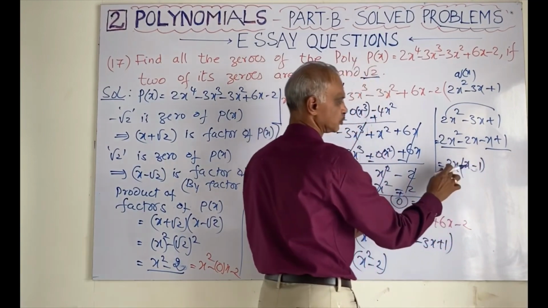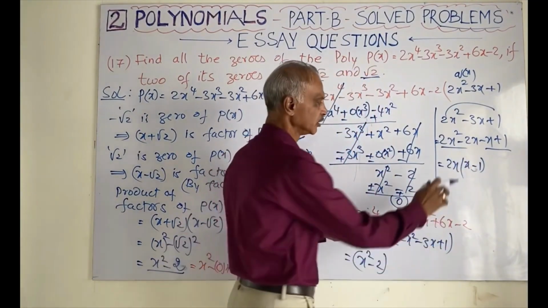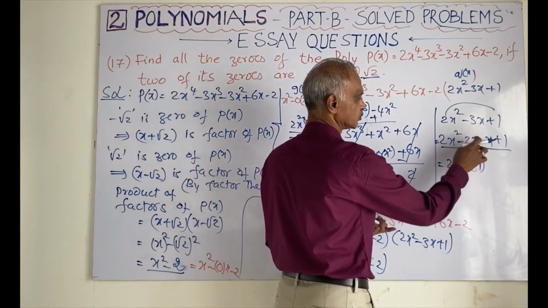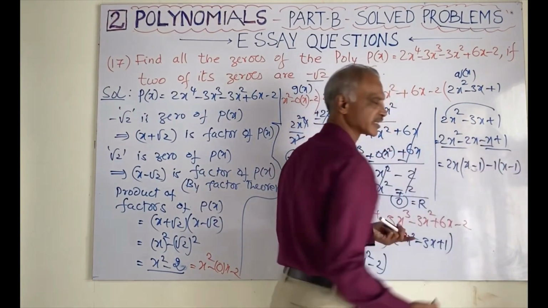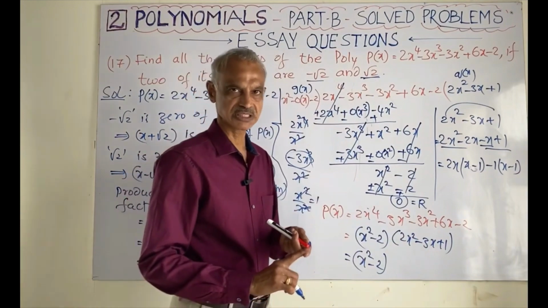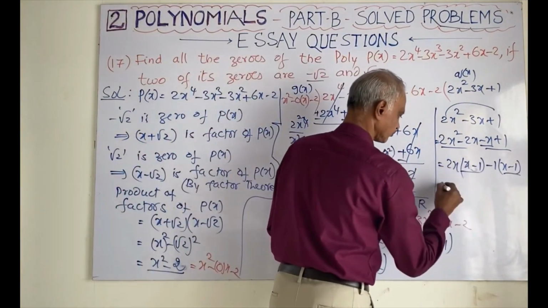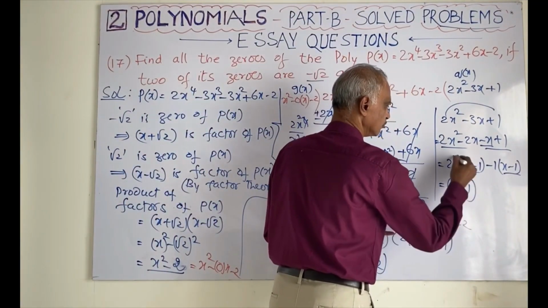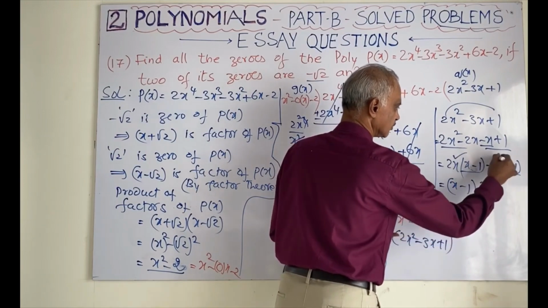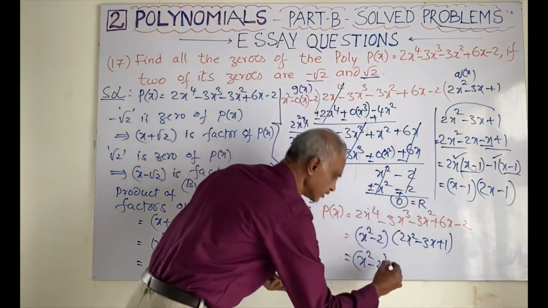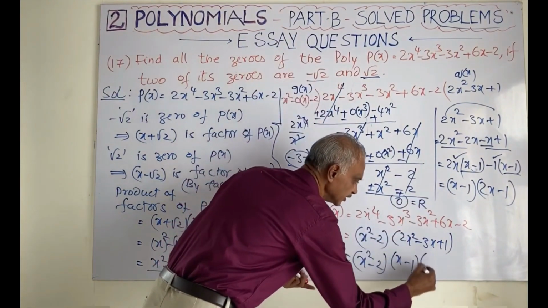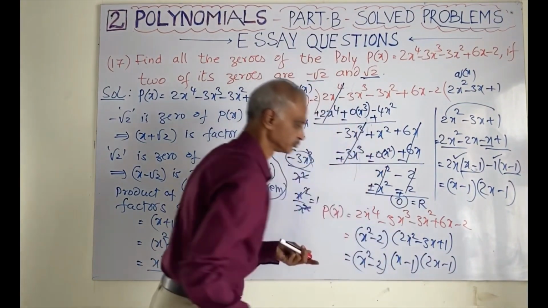Minus 2x into x, 2x square; 2x into 1 minus 2x. You take minus 1 common here, you are getting x minus 1. X minus 1 is common. What is the remaining one? 2x minus 1. Now it can be written as x minus 1 into 2x minus 1.